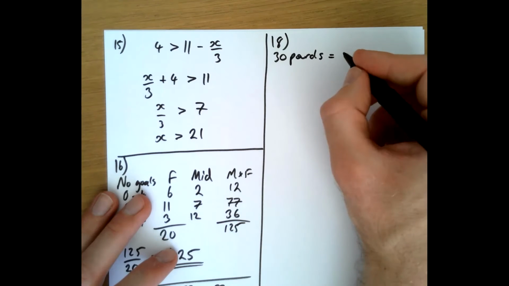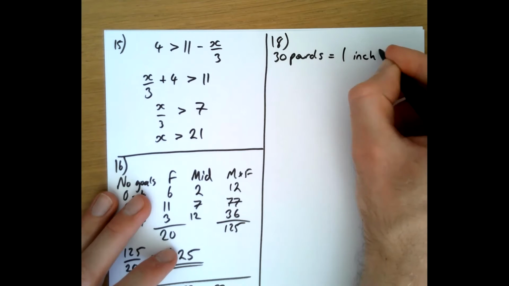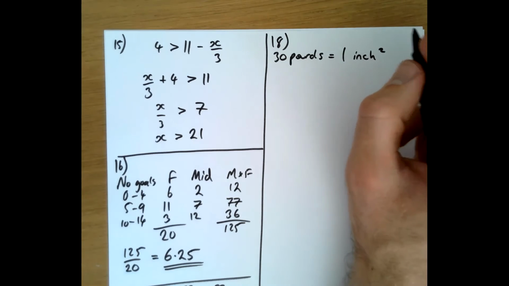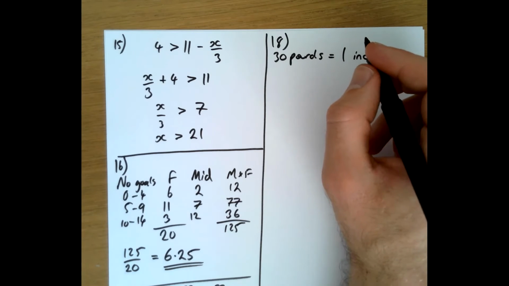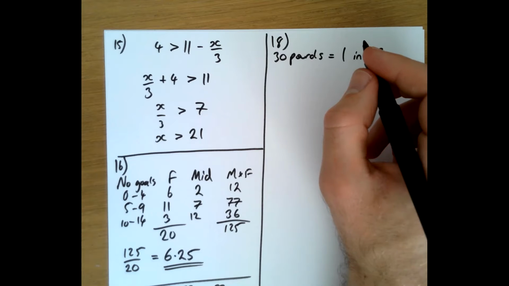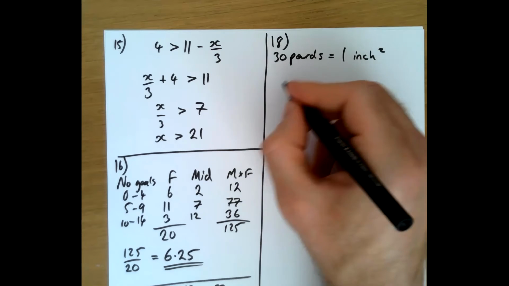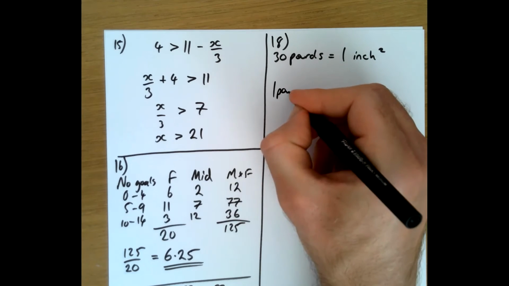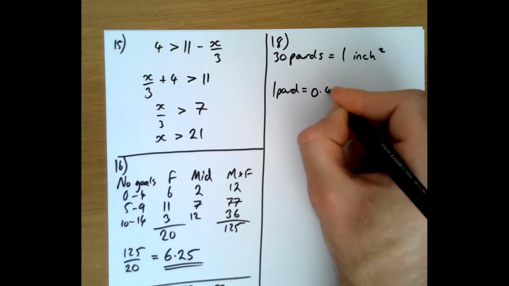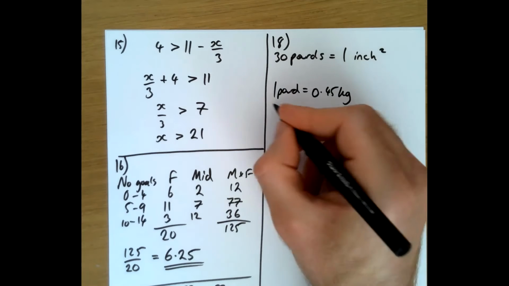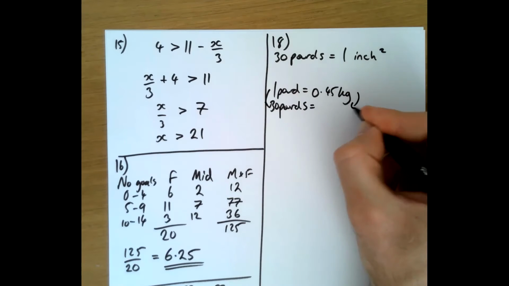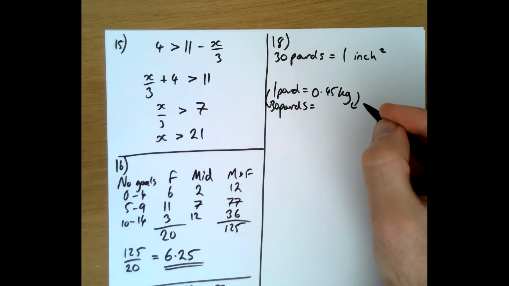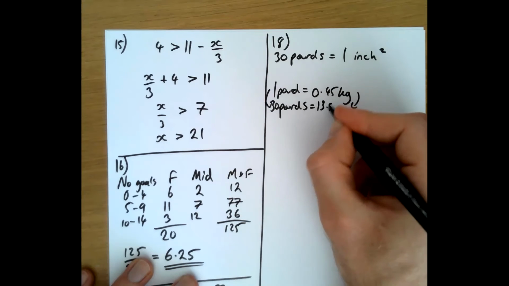Convert the pressure into kilograms per square centimetre. 1 pound is 0.45 kilograms. We've got 30 pounds, so let's multiply both sides by 30. 0.45 times 30 is 13.5 kilograms.